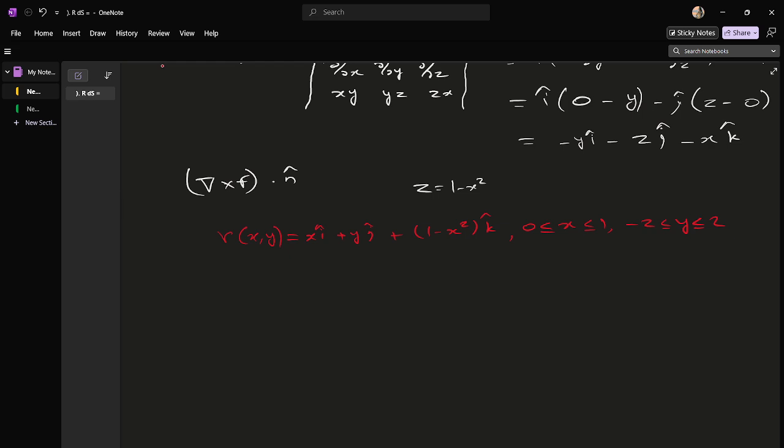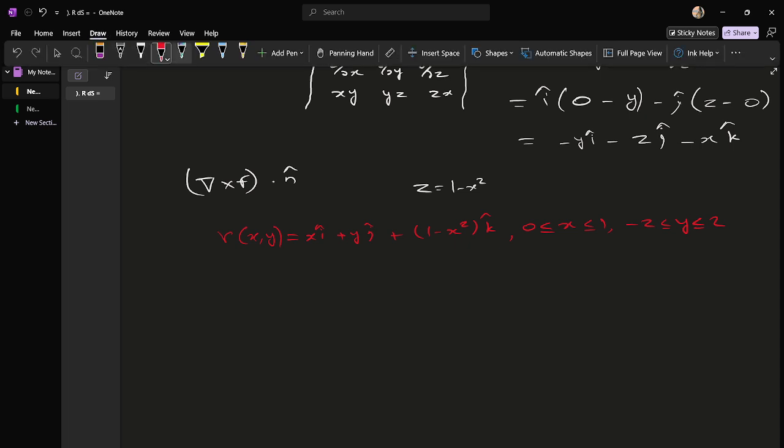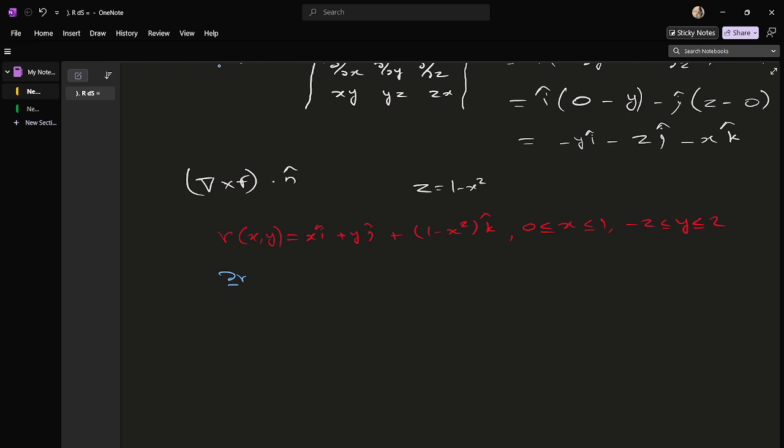So now we have to compute the tangent vectors. They are del r by del x, which is i minus 2x k, and del r by del y, which will be only j because this is y.